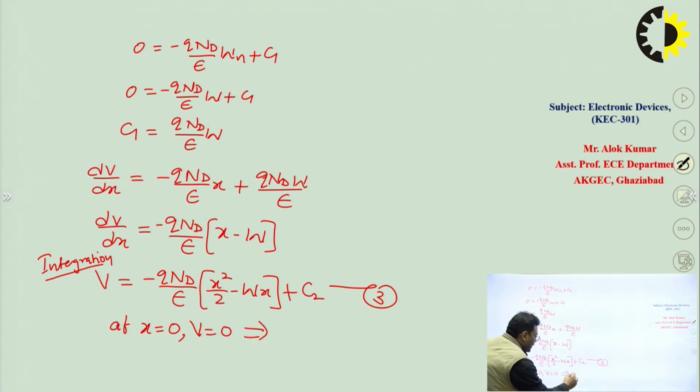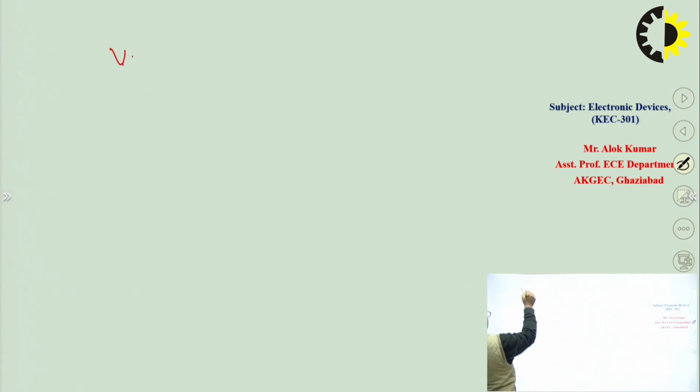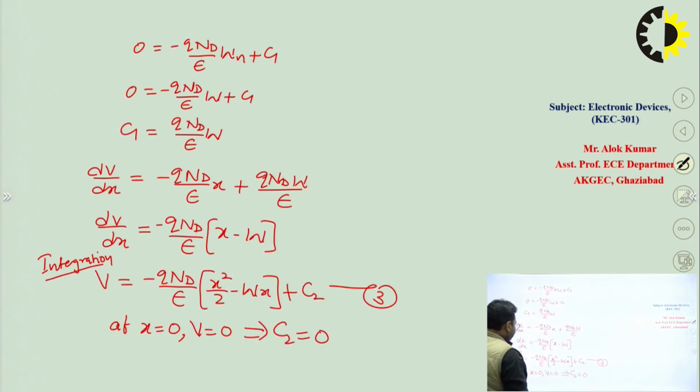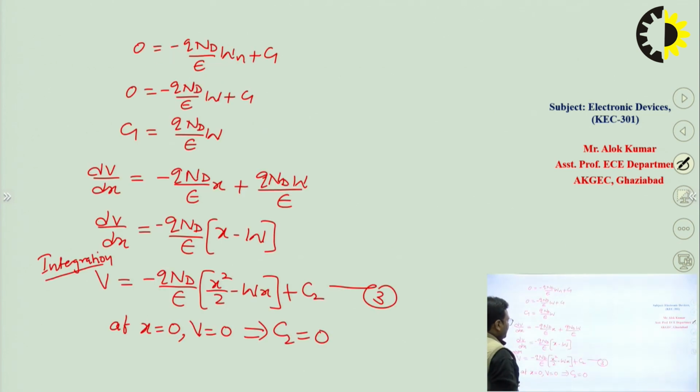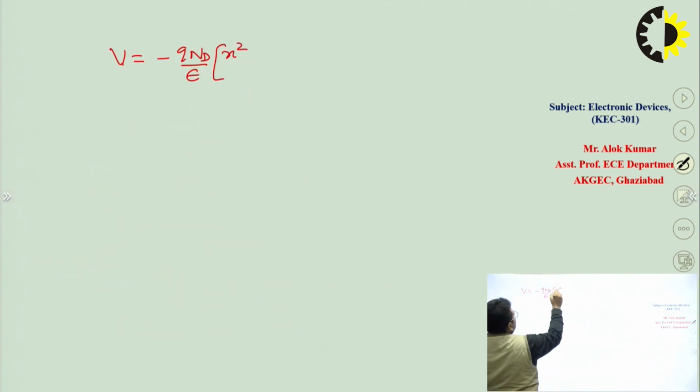So with these boundary conditions, we get C2 is equal to 0. Again I can put this value of C2 in equation number 3, and V will be equal to minus q Nd upon epsilon into x square by 2 minus W into x, right?